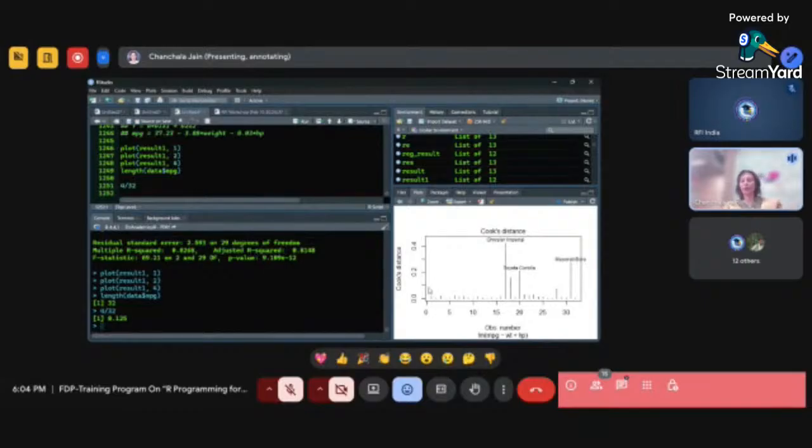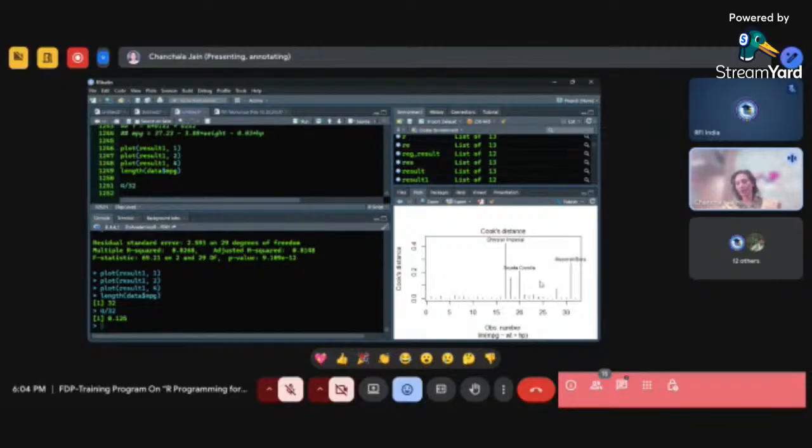0.125. We are having total 32 values or pairs of data in this particular data set. So the influential value threshold will be 0.125. So you need to check, 0.125 will be coming somewhere here, right?